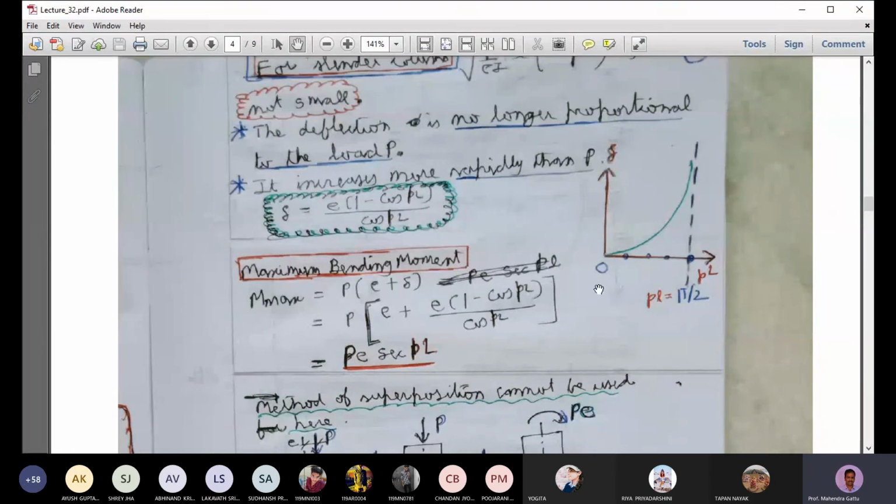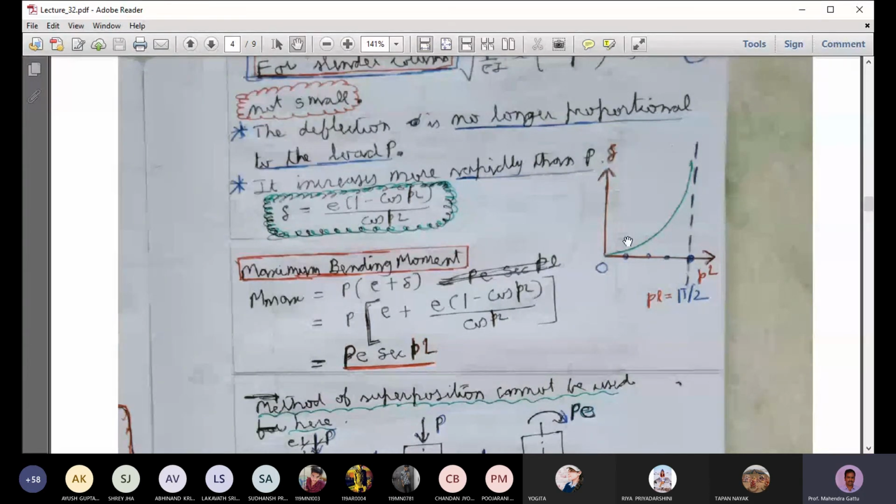If you look carefully, this point corresponds to PL is equal to pi by 2. So what is happening at pi by 2? What is cos pi by 2? It is 0. Cos PL at PL equal to pi by 2 is tending to 0. So what will happen to delta? Because this tending to 0 is in the denominator, the delta value will blow up.